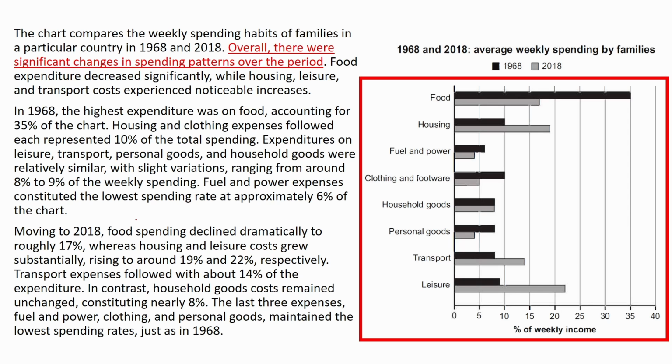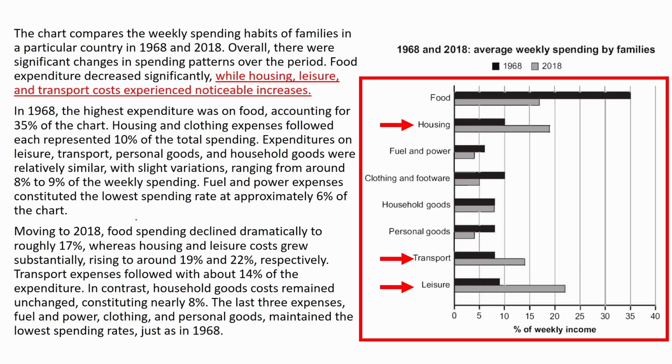So I need to be more specific. I chose food because it's very dramatic or important. Food expenditure decreased significantly, while housing, leisure, and transport costs experienced noticeable increases.